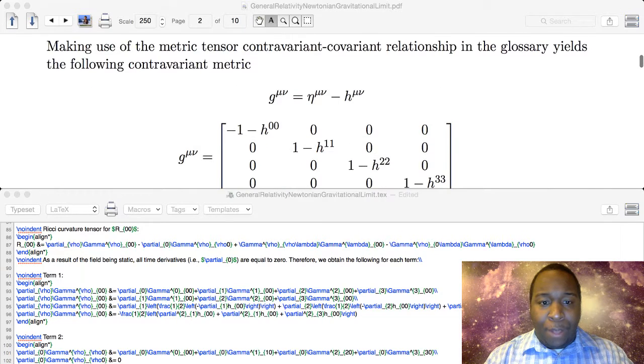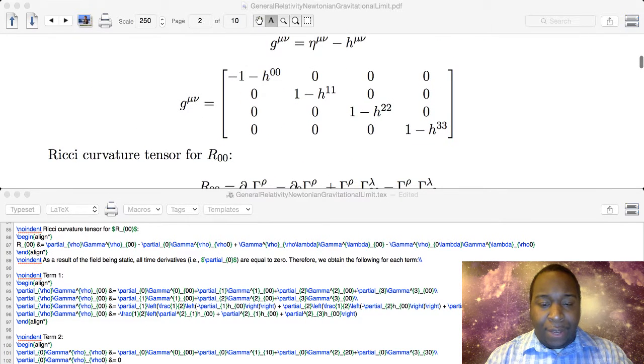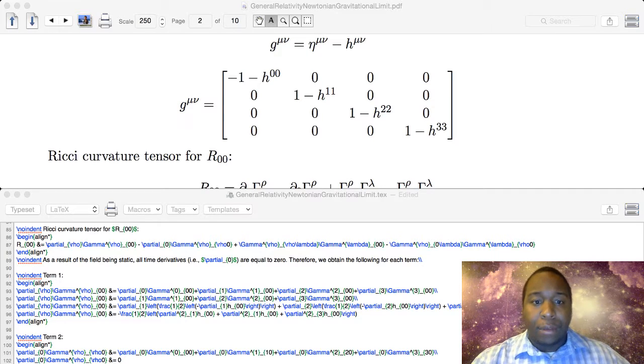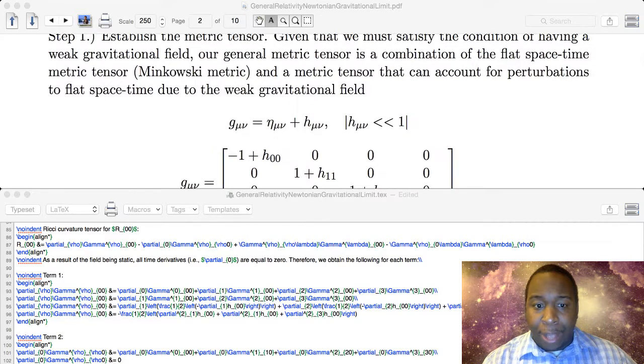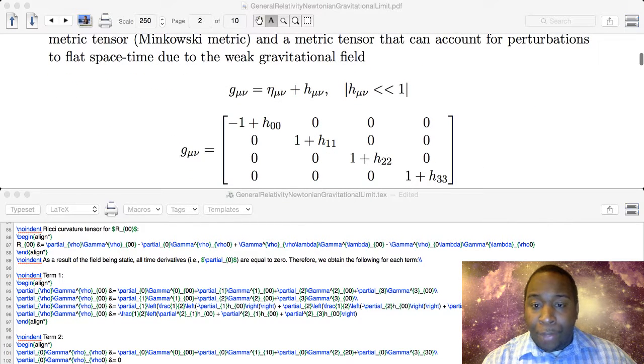And we focus on that term, which is given here. That term corresponds to -1 minus h superscript 00. It just so happens that h superscript 00, like its counterpart, h subscript 00, both of those values are much, much less than 1.